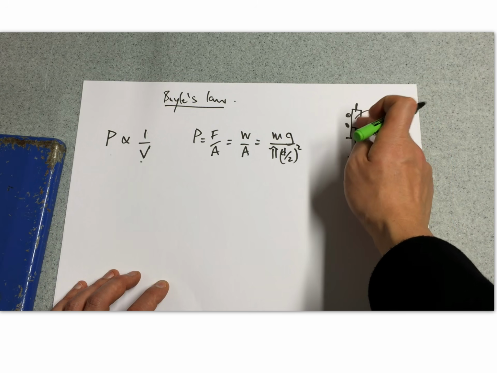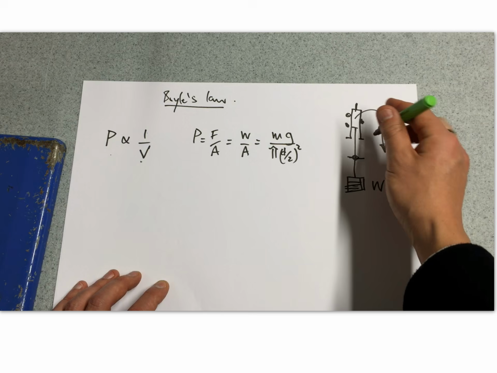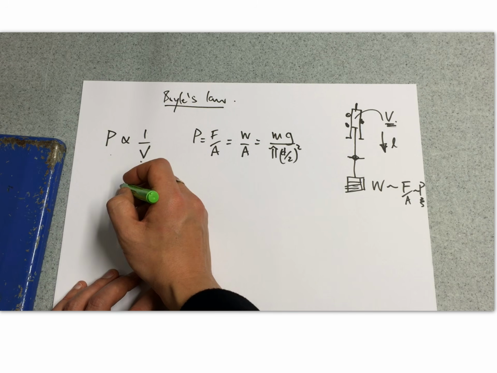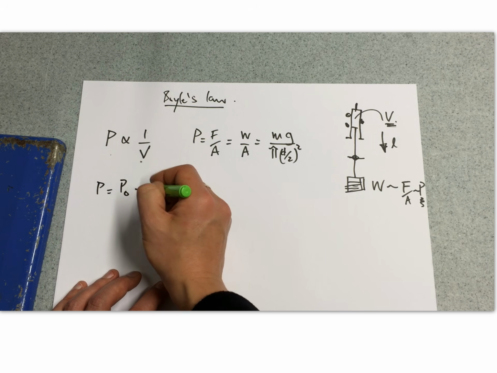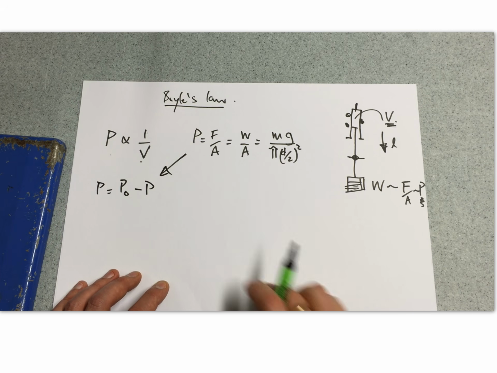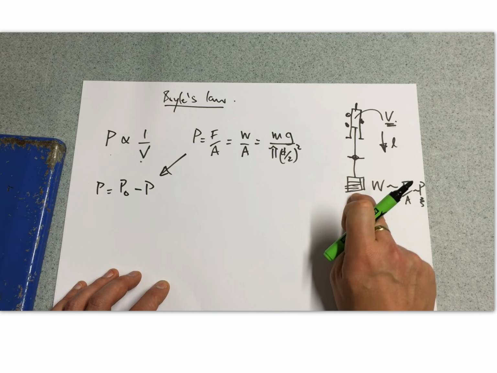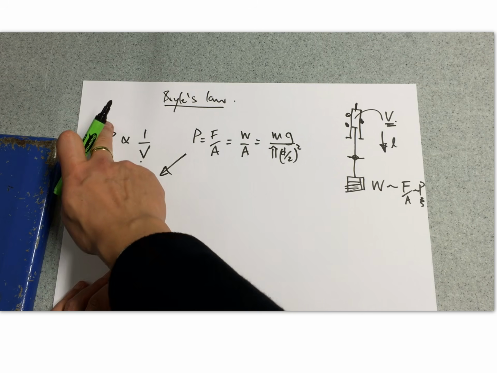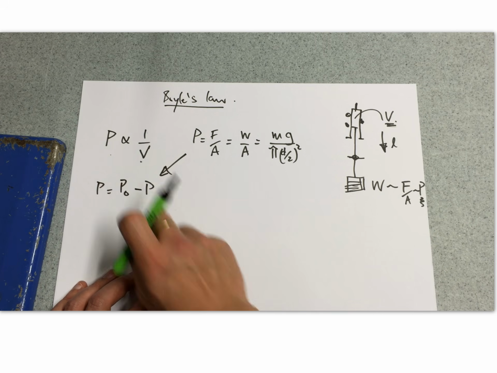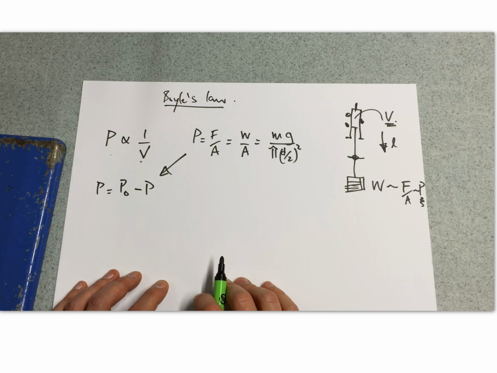We also know that we're starting with a certain pressure there. So if we say there's P naught, then our pressure is going to be P naught minus the P that we've derived. We're reducing the pressure as this comes down. So therefore the volume increases. If this comes down, V must increase in that fraction. So that's how we're going to work out P.